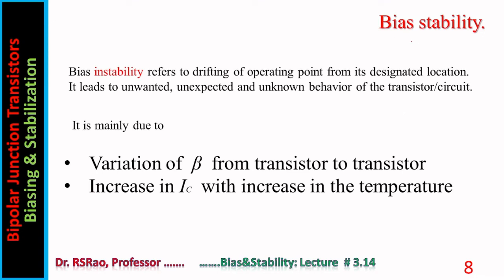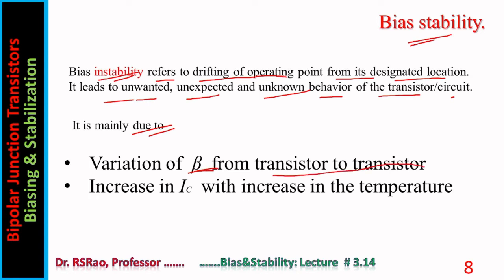Now, a few points regarding bias stability. Bias instability refers to drifting of operating point from its designated location. It leads to unwanted, unexpected, and unknown, unknown means unpredictable behavior of the transistor or circuit. This instability is mainly due to variation of beta from transistor to transistor.